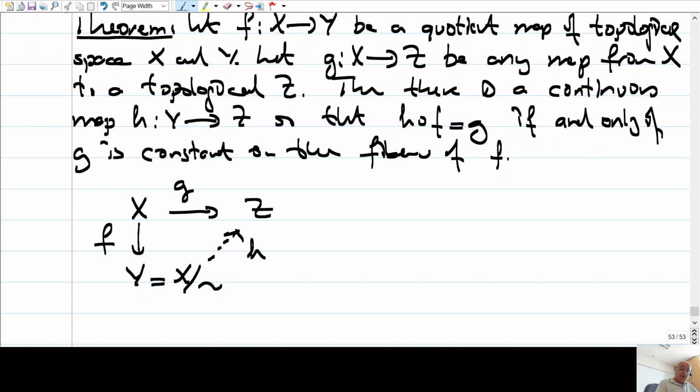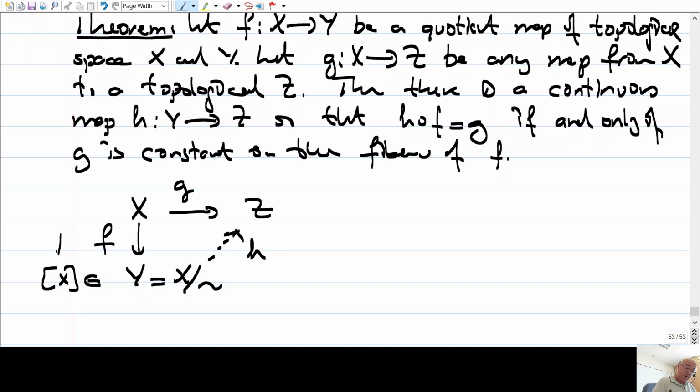Well, we know that there is such a map h if and only if g is constant on each equivalence class, in other words, on the fibers of this quotient map.